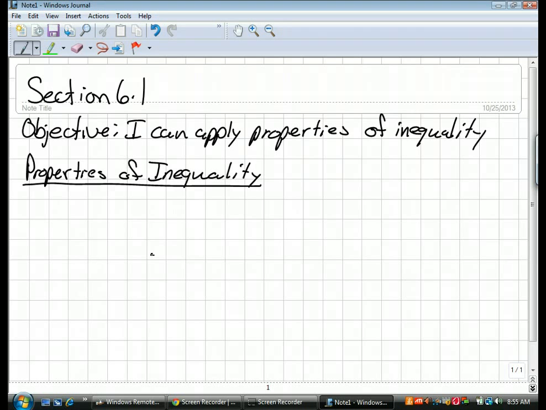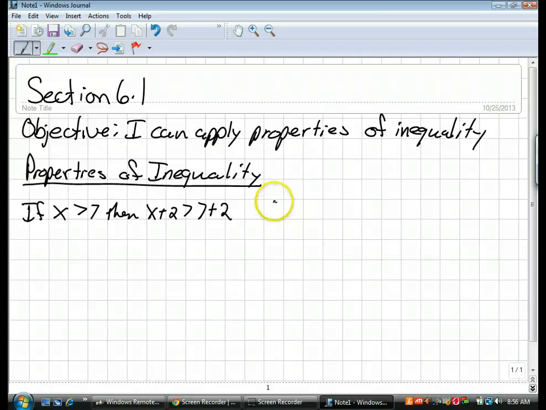So the first one says, in algebra you saw, if x is greater than 7, then x plus 2 is greater than 7 plus 2. Okay, so in other words, in an inequality, if you add the same amount to both sides, then the inequality stays the same.